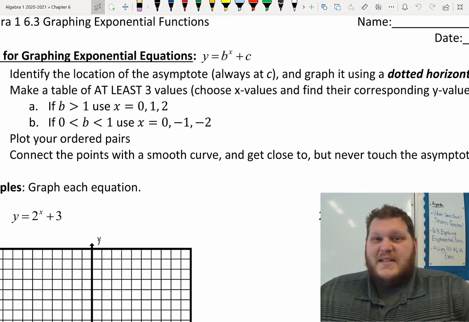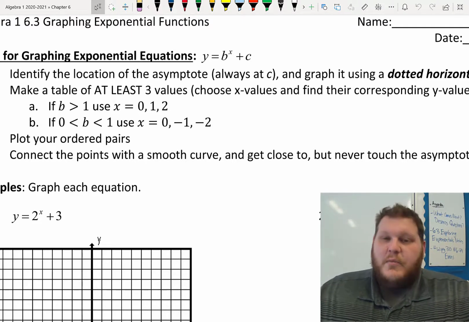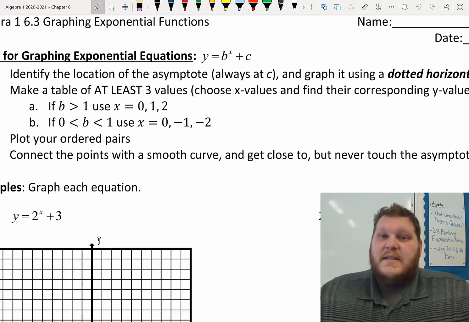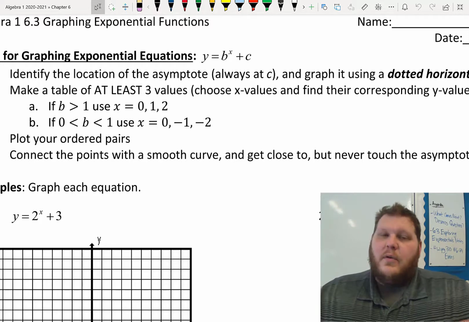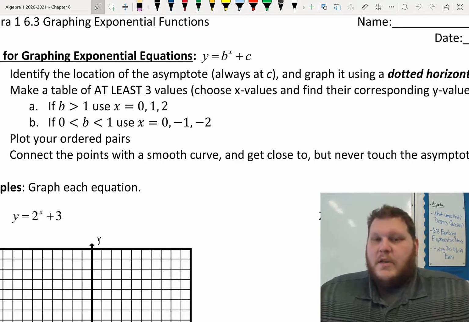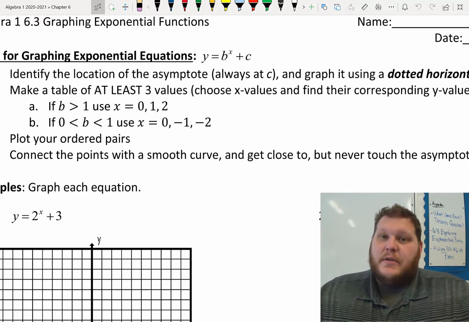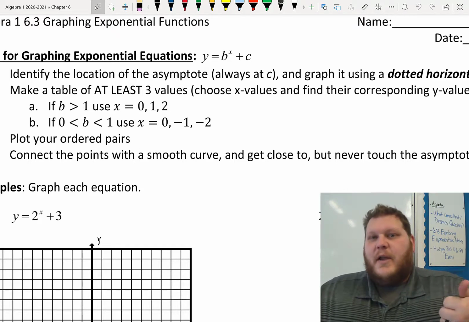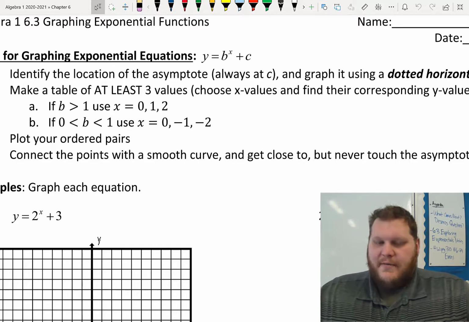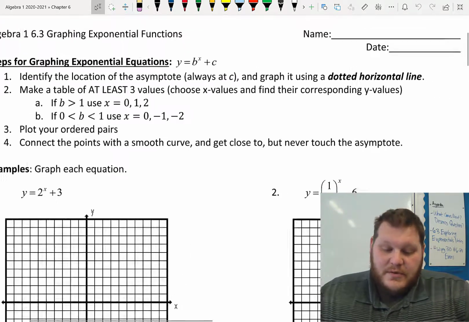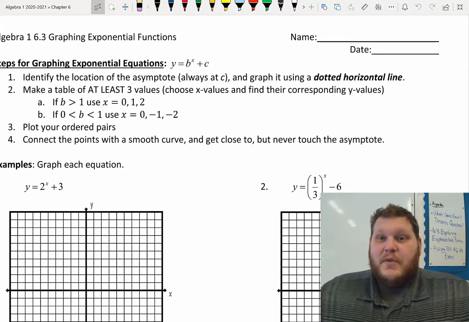Those are going to give us the nicest, cleanest numbers. If your base is between 0 and 1, meaning it's a fraction, like a half or a third or a fifth or whatever it is, we're going to want to use 0, -1, and -2, because that's going to end up flipping our fraction over and getting a nice whole number. We're trying to get the nicest, cleanest points to be able to graph. Once we have those, we're just connecting the dots to make a nice smooth curve.